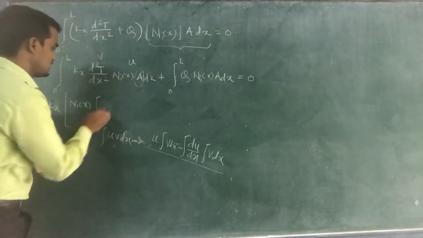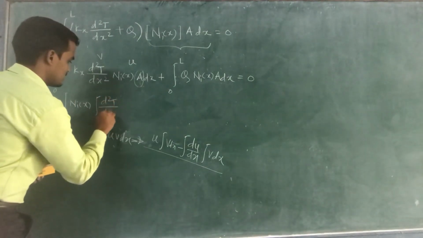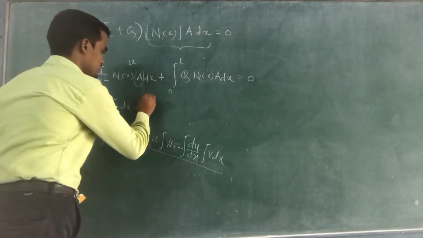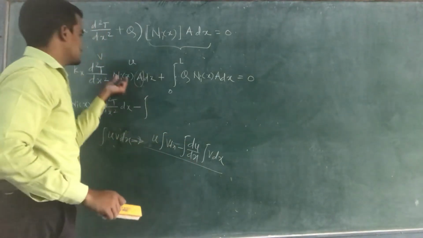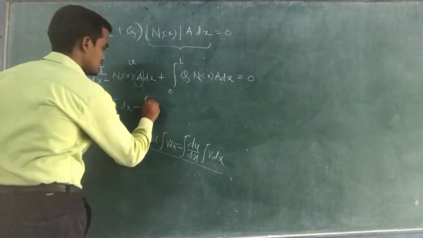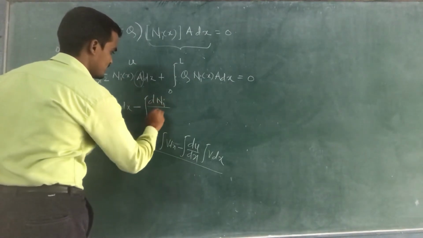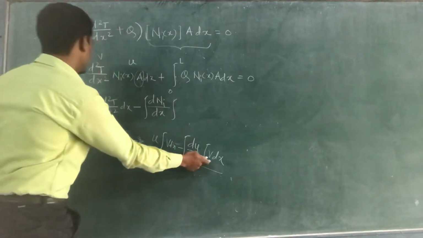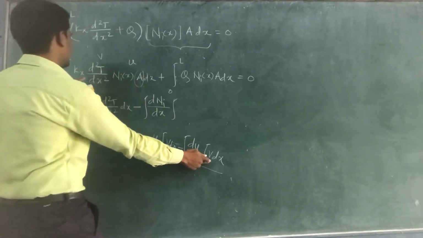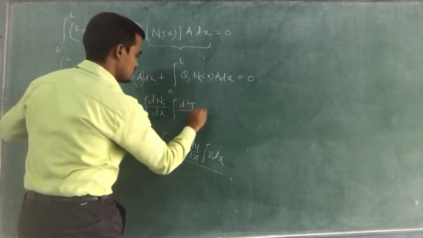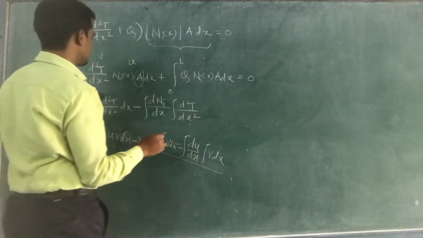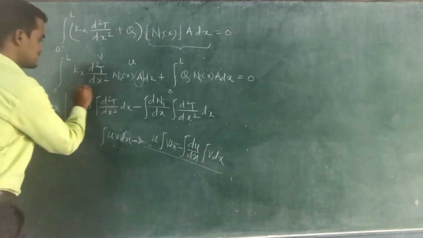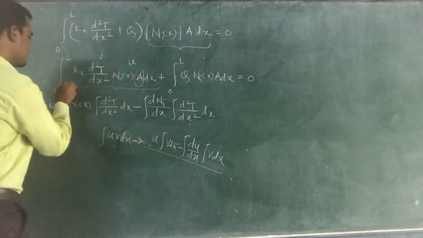So this will become integration of d square t by dx square into dx, minus integration of du by dx, that is d Ni by dx, into integration of v. V is nothing but this d square t by dx square dx, with kx taken common. Okay, so this term we will determine by using our by-parts rule.